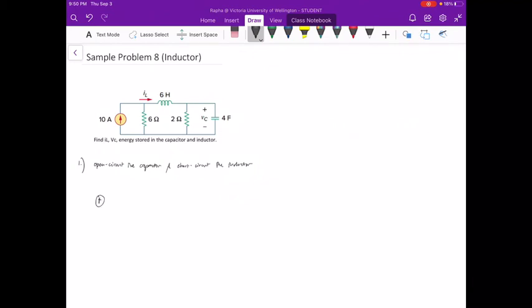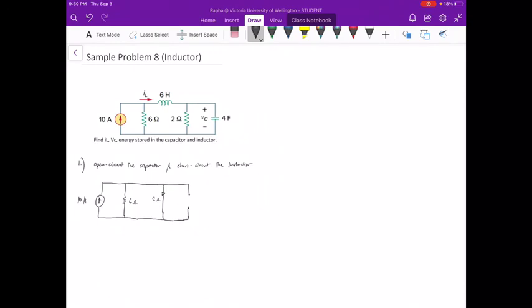We have this current source, we have the parallel resistor of 6 ohms, and then the inductor will be assumed as a straight line, and then we have another parallel resistor of 2 ohms, and this time our capacitor is an open circuit.